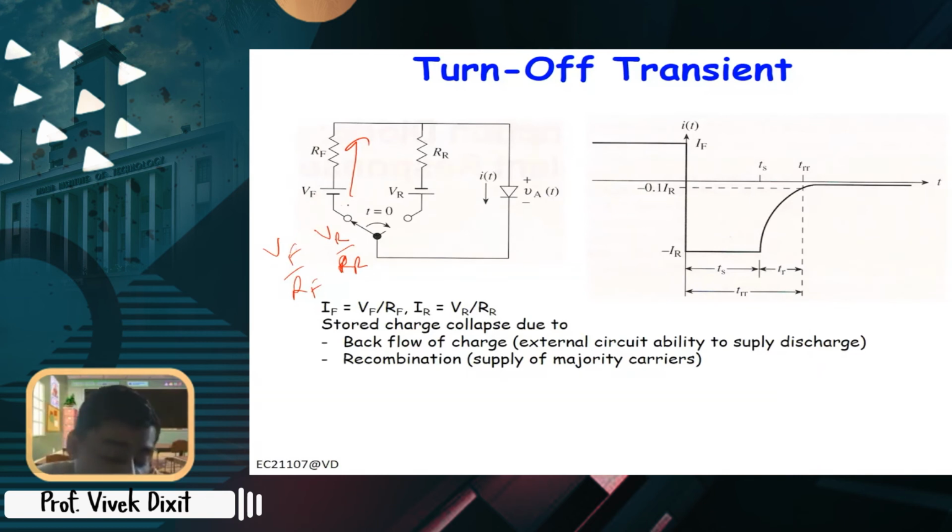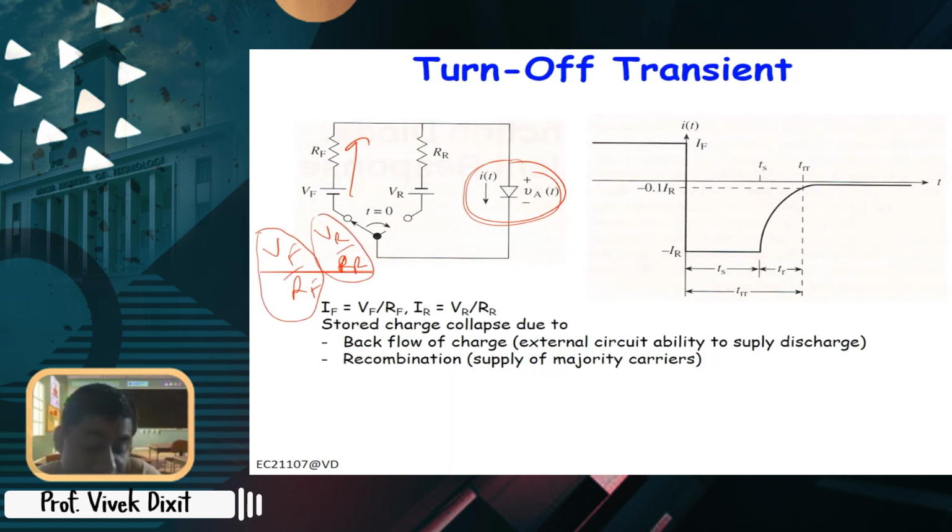This will be the maximum current, by the way. In reverse bias, of course, current will be limited by the diode, but during the transient, it already has a lot of charge, right? So it can reach its peak value VR by RR. So in forward bias, the peak value is VF by RF. In reverse bias, the peak value is VR by RR.